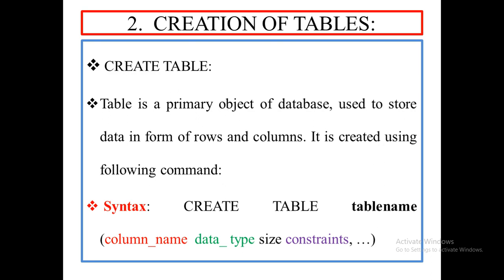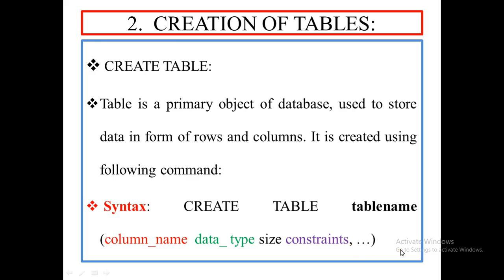It is used to store data in the form of rows and columns. We can create a table by using this syntax: create table, then the name of the table, then the column names, the data type, the size, and any constraints.